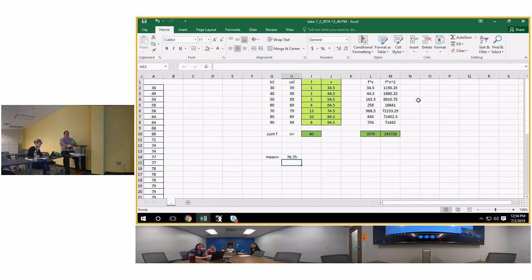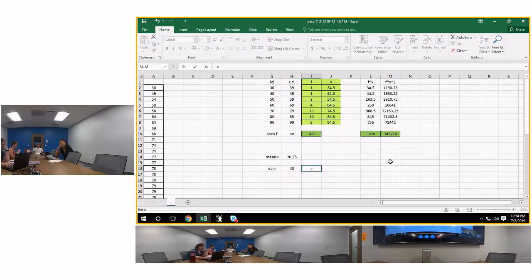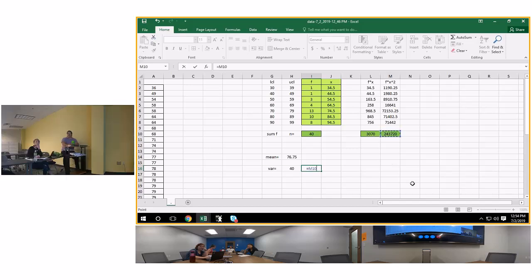Yes. Okay. All right. The variance is equal to, and that's where we got to pull out all the, so n, I'm going to write it out, and then is that number right there times what? The summation of f times x squared, right? Minus.